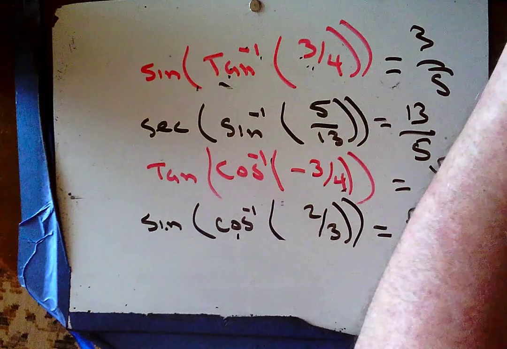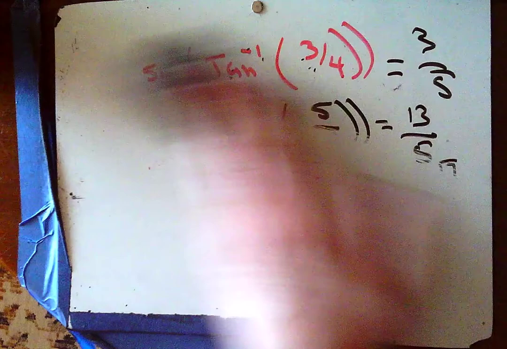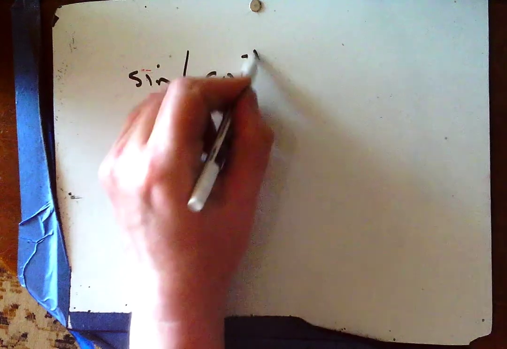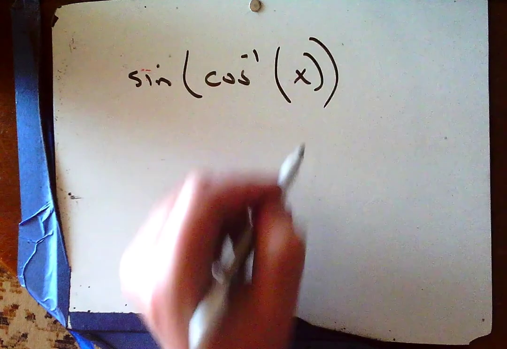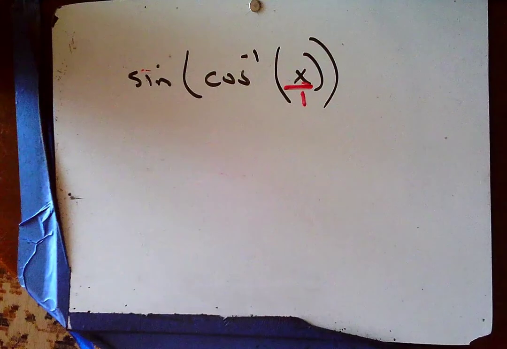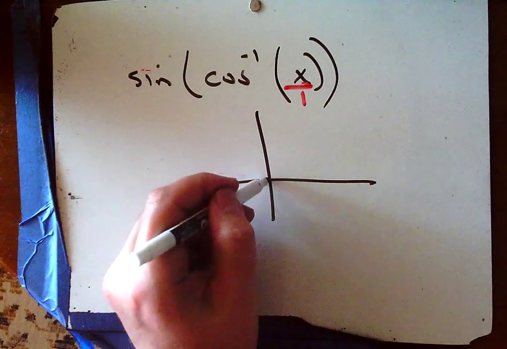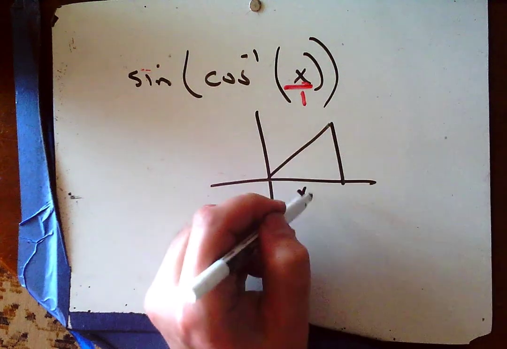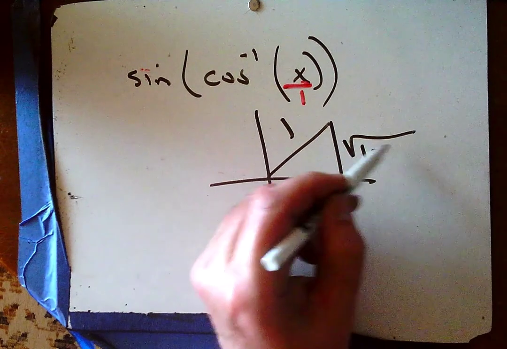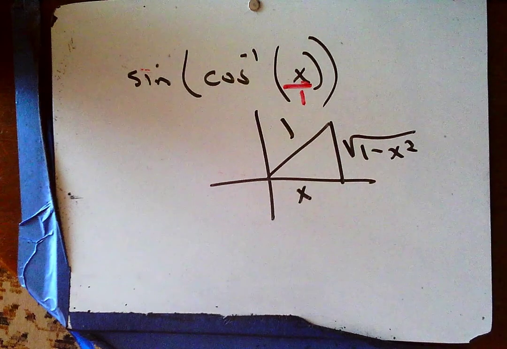How are these problems different if I give you this? Sine of cosine inverse of x. By the way, it may be useful to you to write x as x over 1. Well, this is the same sort of draw a triangle situation. Adjacent, hypotenuse. I use the Pythagorean theorem to find the missing side.